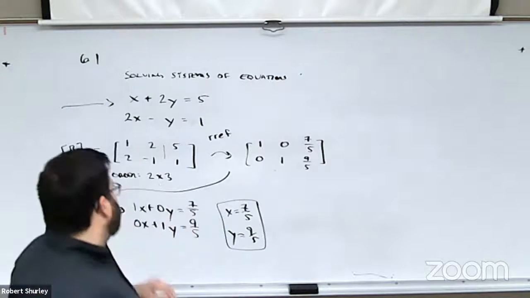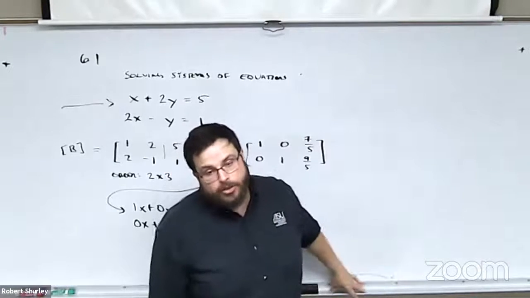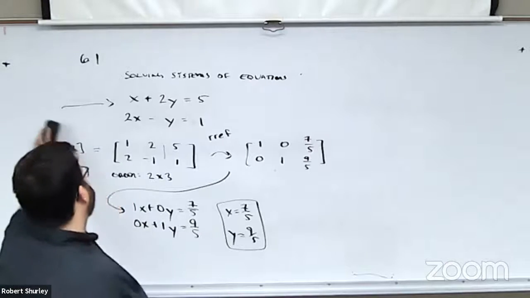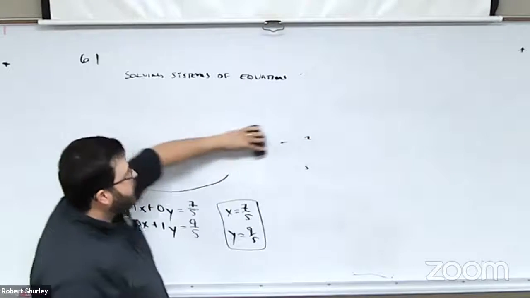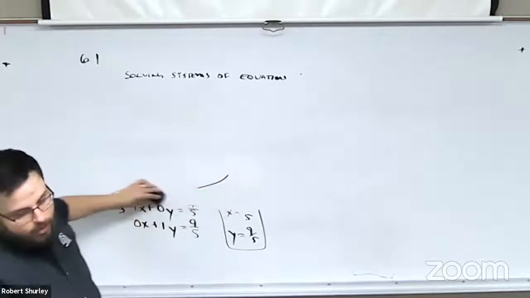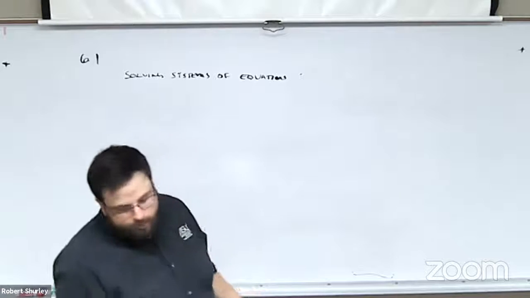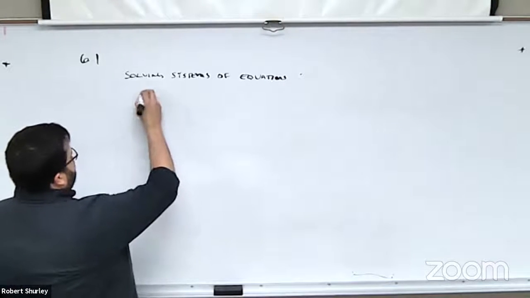So let's look at a system of equations with three equations now. This is the very bottom of page 592. Your book does what's called Gaussian elimination with back substitution. Again, we're going to use reduced row echelon form. We just learned it. Why not use it again? And we can use it for all of these.